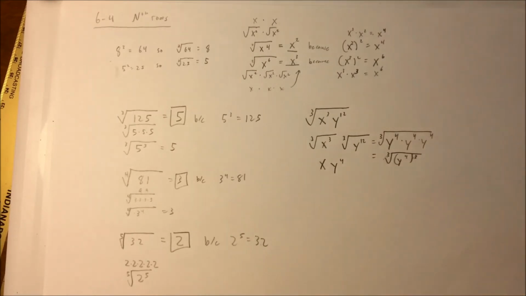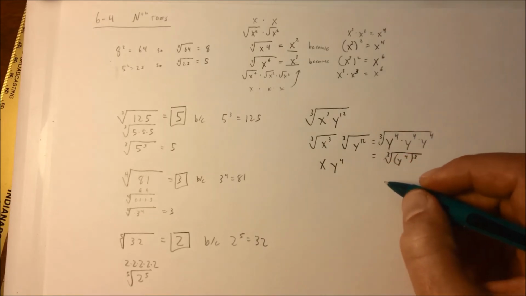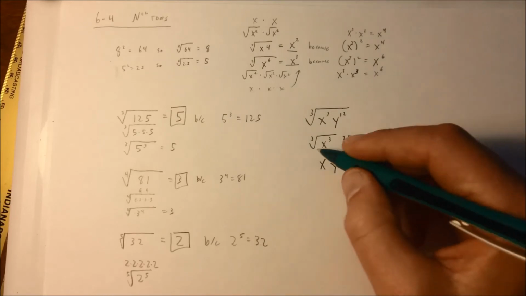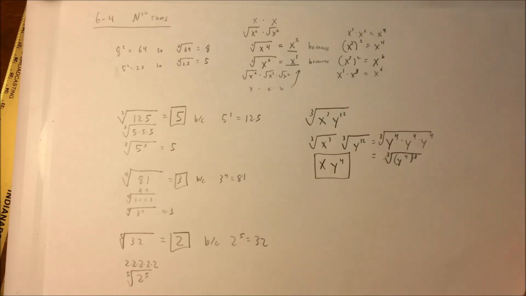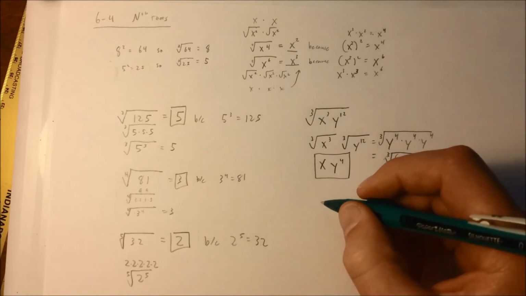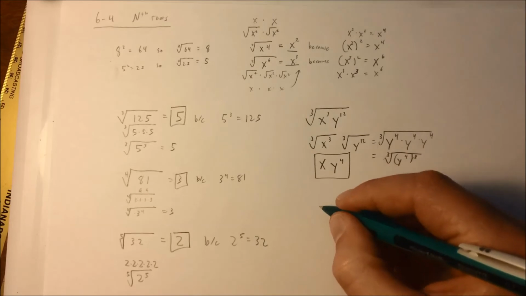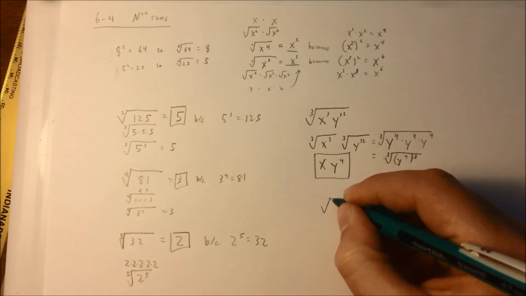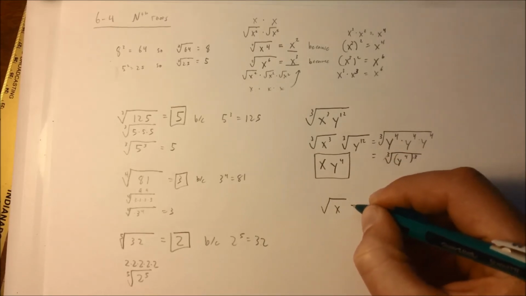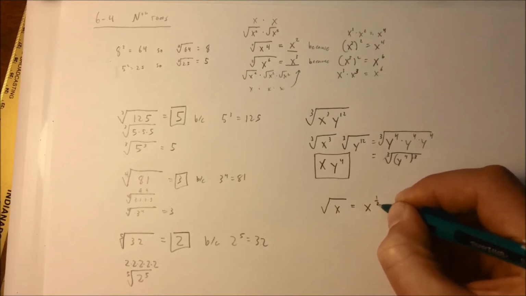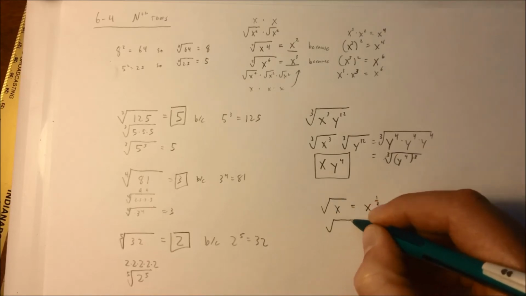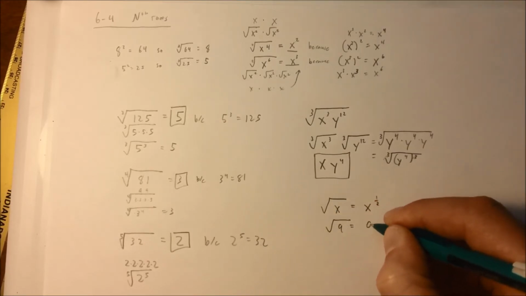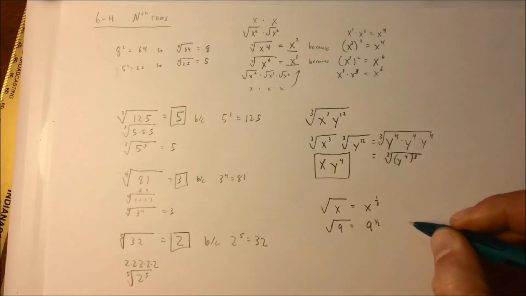Now, another way you can look at these. This is a little bit out of sequence from what our book does, but I think it's going to be easier for you to work with here. I can rewrite the square root of x as x to the 1/2. I could rewrite the square root of 9 as 9 to the 1/2 power.